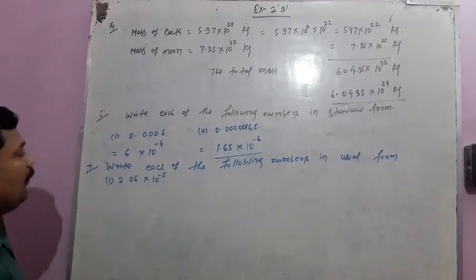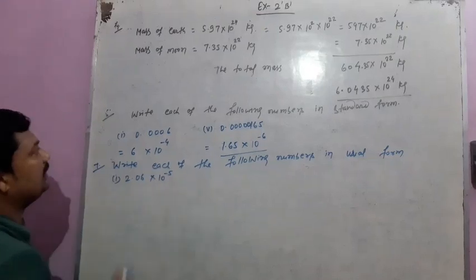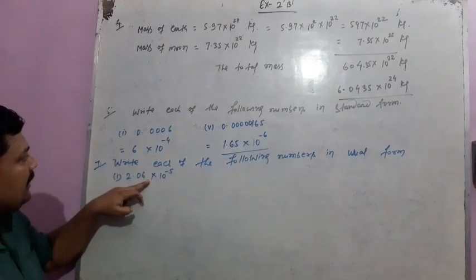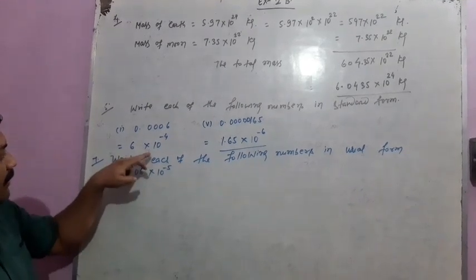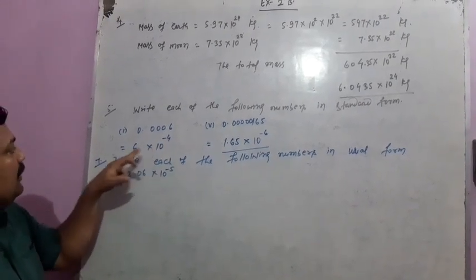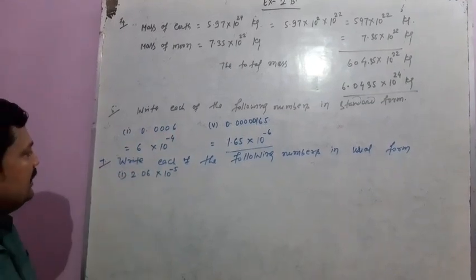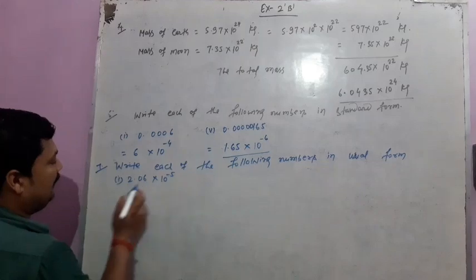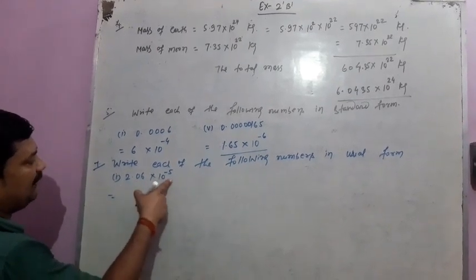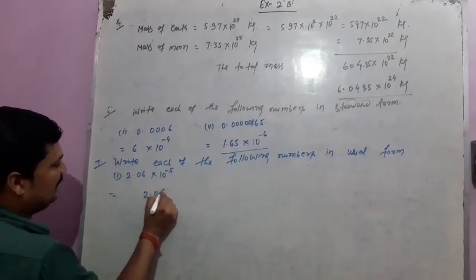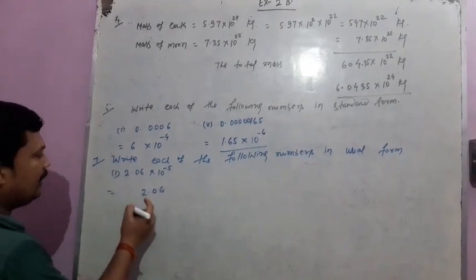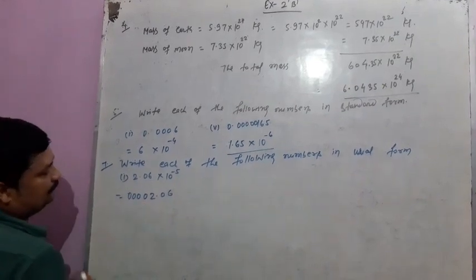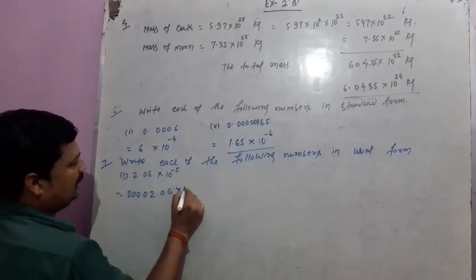Now for removing this minus sign, we have to move the decimal 5 places to the left. After the decimal, there is only 1 digit, so for making it 5 places, we have to add zeros also.